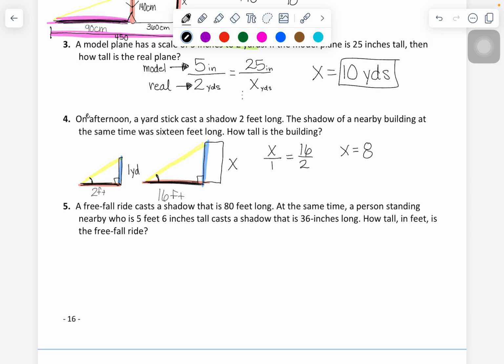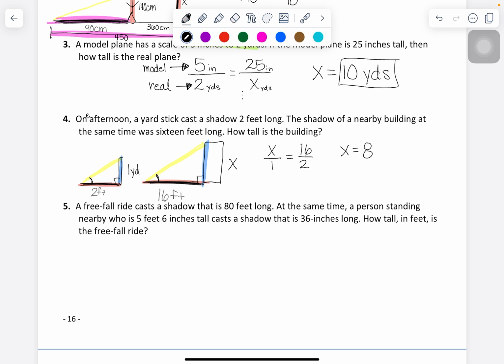Now, much like what we were talking about before, we've got mixed units in this problem. There's yards and then there's feet. Proportions are one of the few times you can work with mixed units, provided that these things have the same unit and these things have the same unit. Or technically you could have the top and the bottom of the fraction with the same unit.